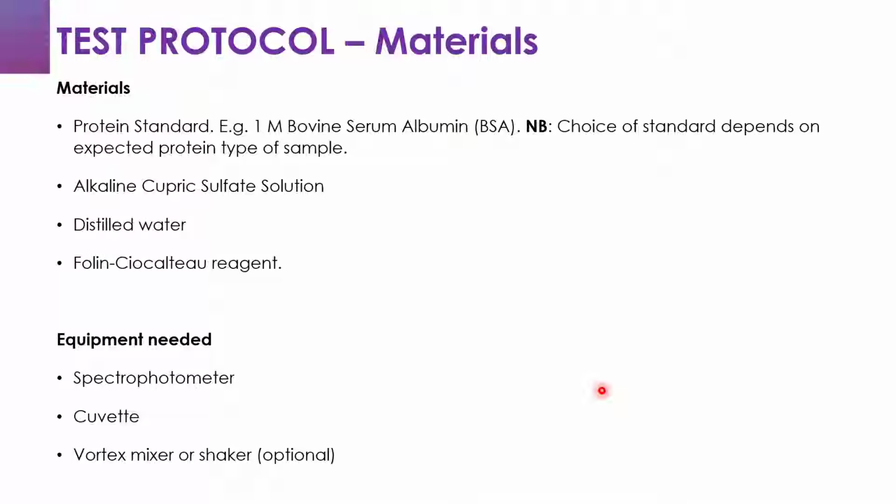So now let's look at the test protocols, and we'll start by looking at the materials needed for this method. So the first is a protein standard. For example, we can use 1 molar BSA.